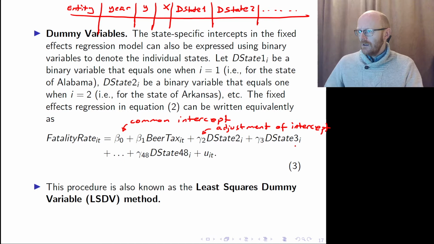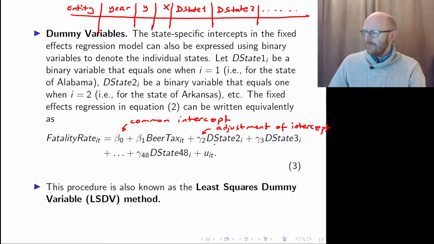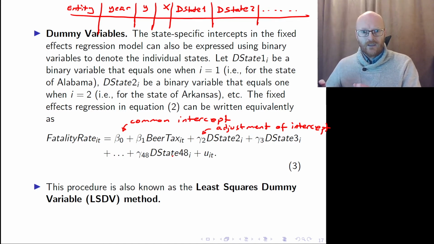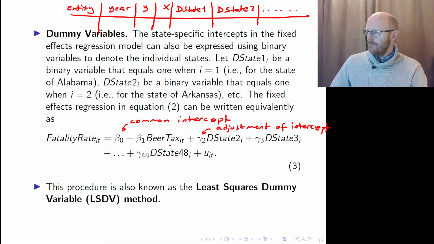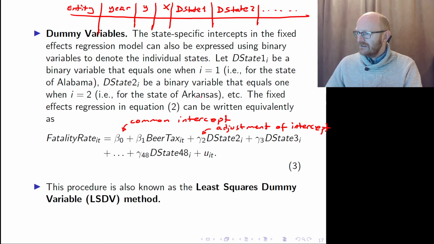Okay, so here you would have 47 different dummy variables, one less than the number of entities, so we don't fall into the dummy variable trap, and our base case is the first state.